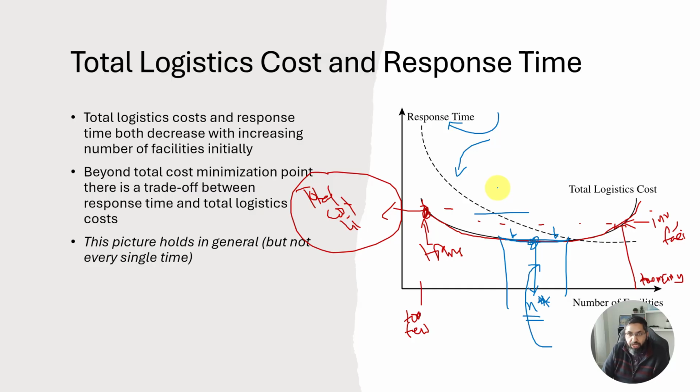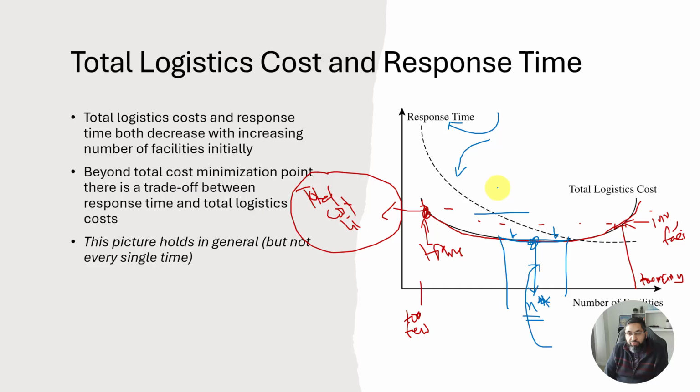Or let's say the customers will value 4-hour delivery, but going to 1-hour delivery, they don't want to pay anything extra. It doesn't give them any extra value. So response time stops mattering a lot once it's reduced to a reasonable level.